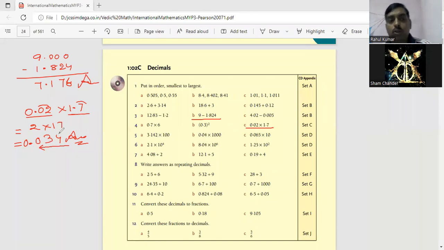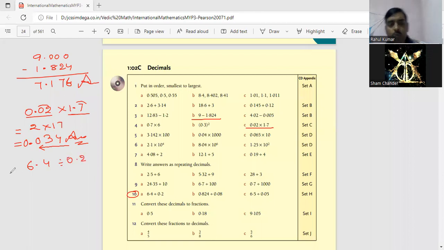Okay, sir. So for a division like 0.2, 0.08, the 10th question is 6.4 divided by 0.2, sir. So 6 decimal 4 divided by 0 decimal 2.